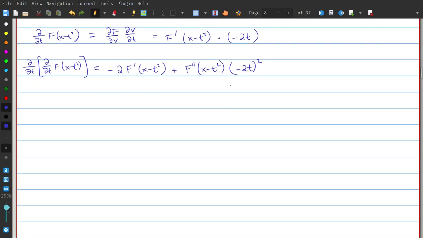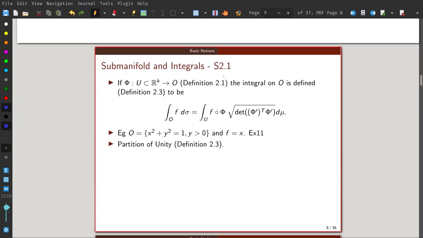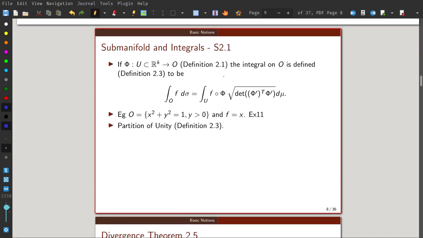Okay. So let's continue then. What was new? I expect you would have seen the chain rule and the partial derivatives before. What is probably new to you in this course was submanifolds and integrals on submanifolds. You would have seen multiple integrals, so say integrals over an area in the plane or over a volume in space.